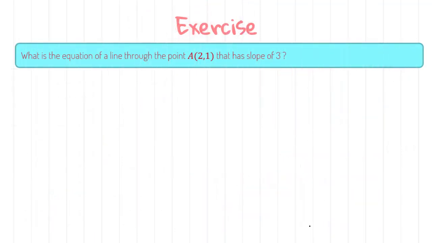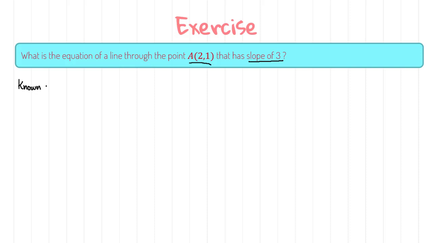So to give you an idea, let's do an exercise together. I have a question here. What is the equation of a line through a point A (2, 1) that has slope of 3? I will give you some time to solve this question. So to solve this question, you have to know what's going on with the question.